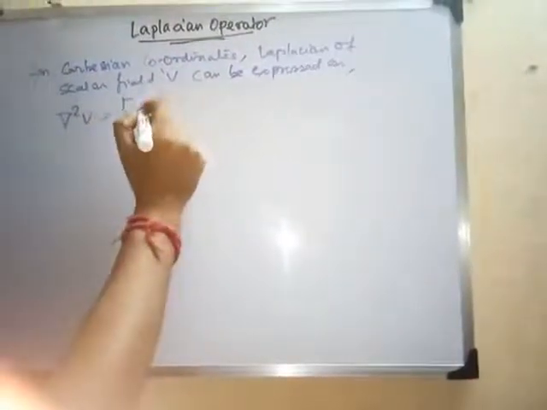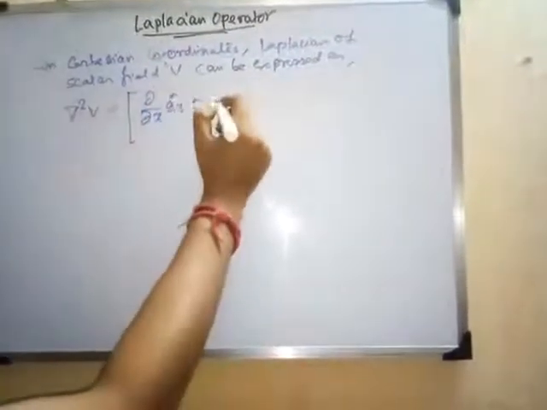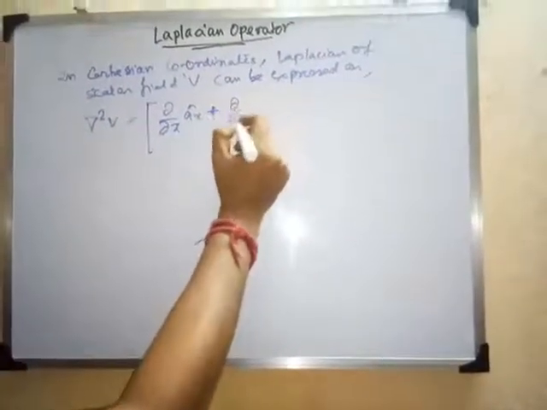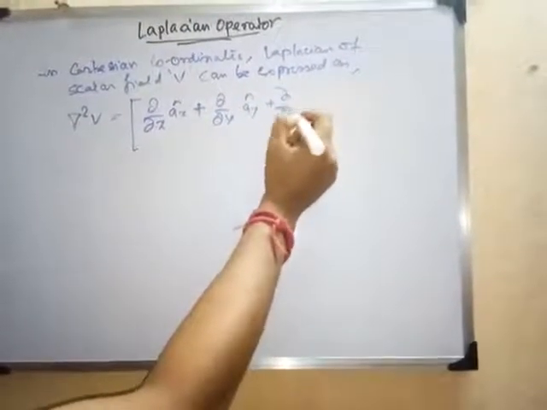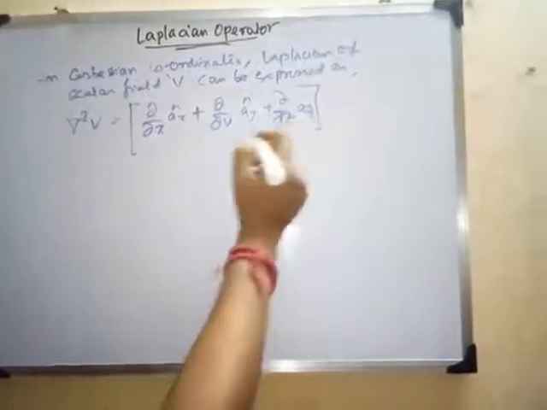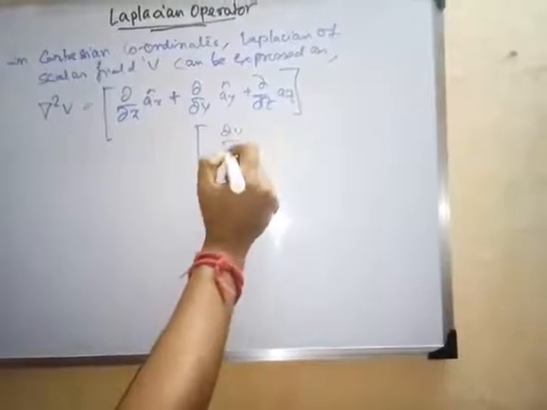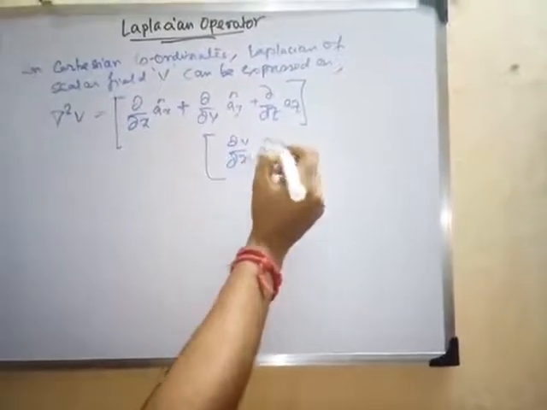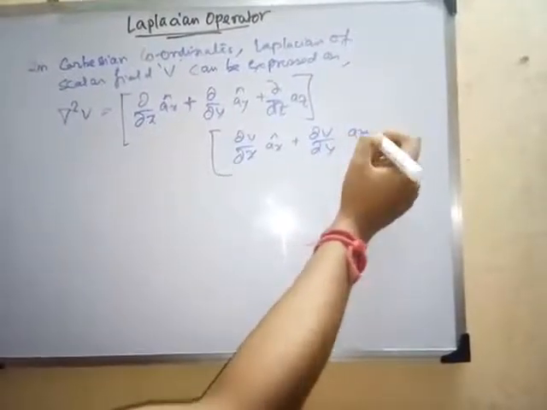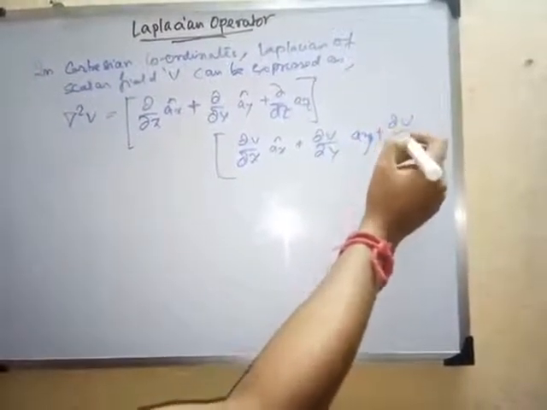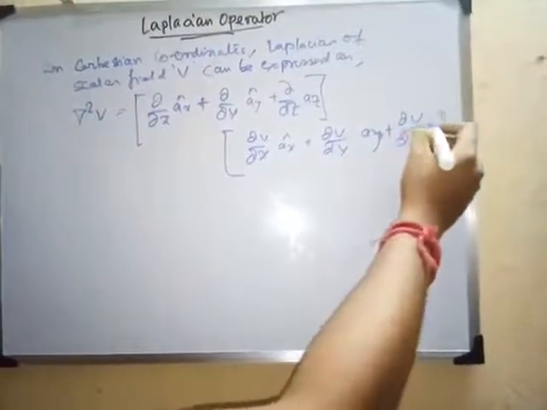So we use del/del x of a_x plus del/del y of a_y plus del/del z of a_z, dotted with del V/del x a_x plus del V/del y a_y plus del V/del z a_z.